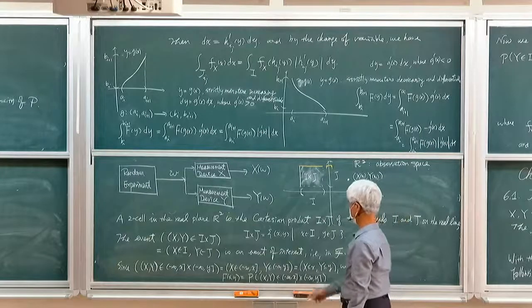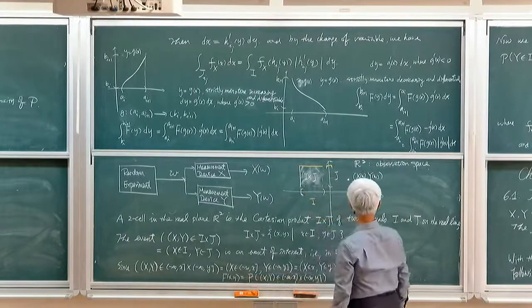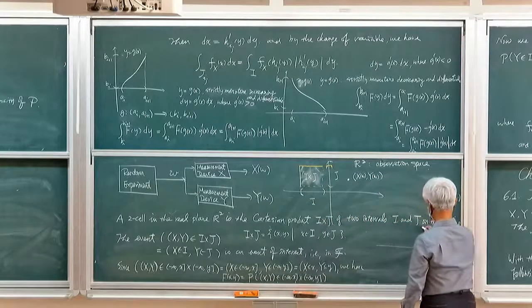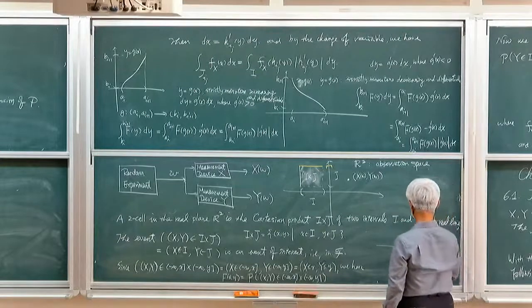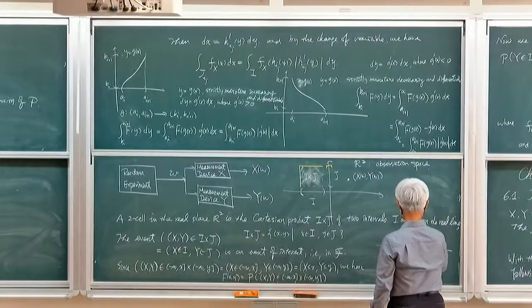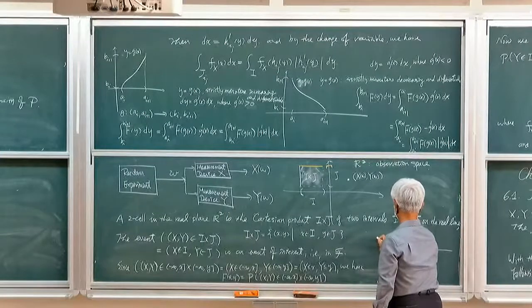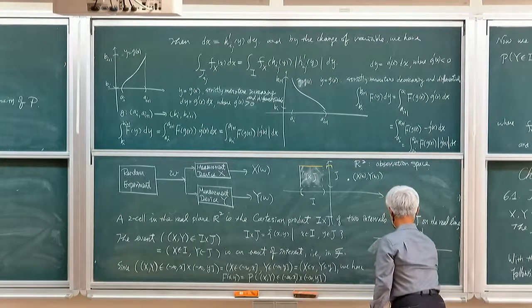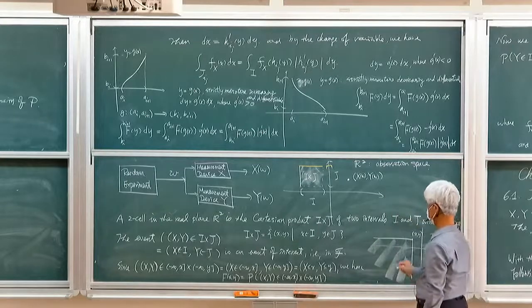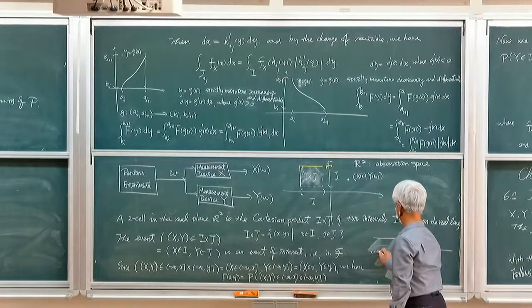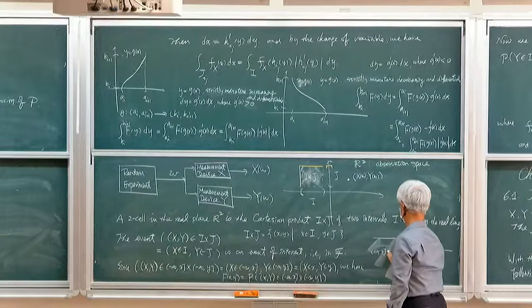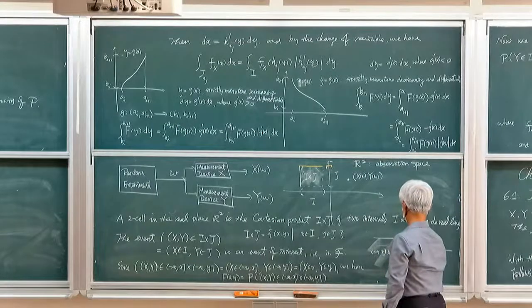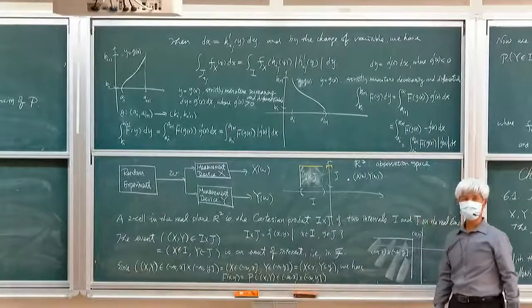So if this is (x, y), this region is a Cartesian product.